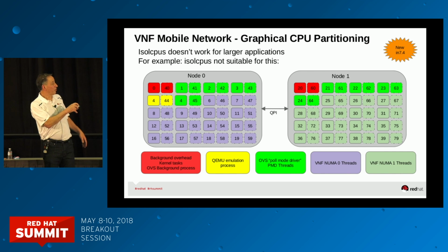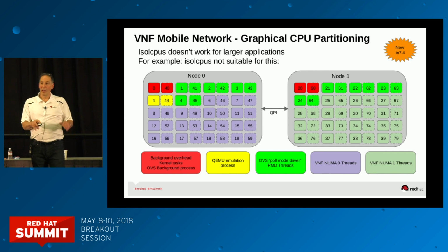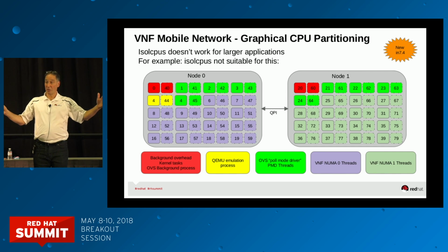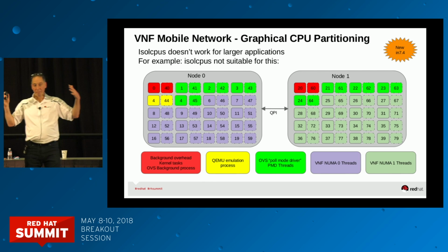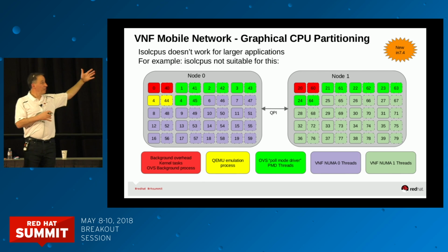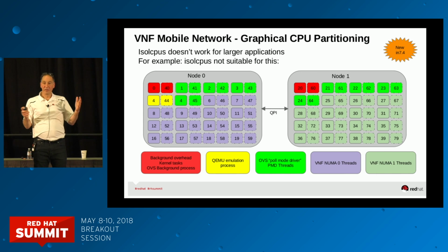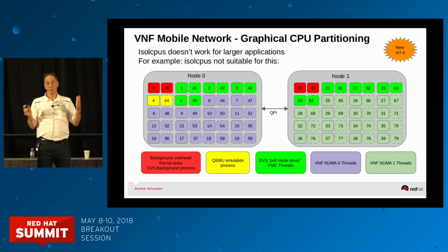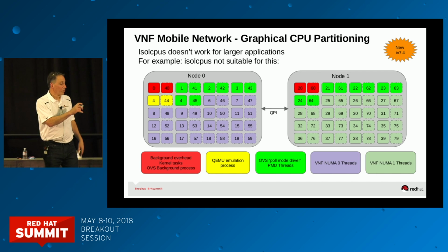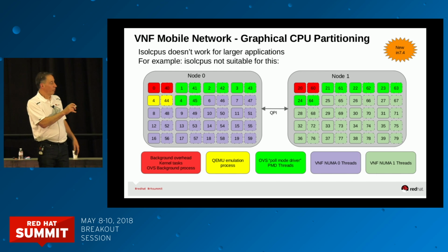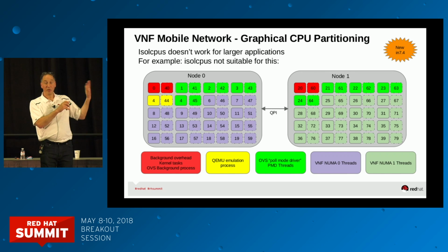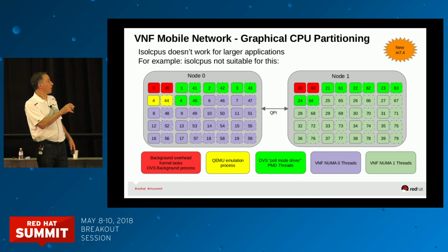We have QEMU emulation processes. They needed quiet CPUs, and this might be a DPDK underneath. The idea was, how do we do this? We had no mechanism. Plus, in OpenStack, it's really not conducive to going down and touching everyone's grub line and rebooting. So the answer was the new CPU partitioning profile, and it came out in RHEL 7.4.